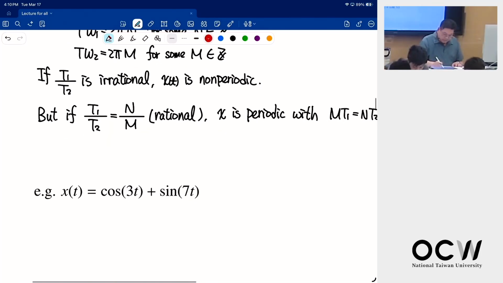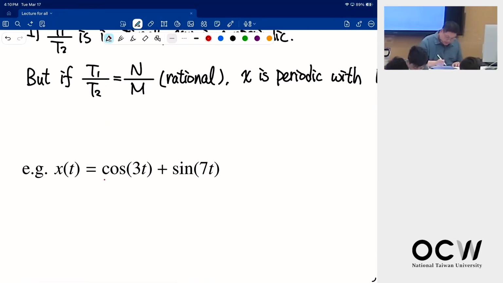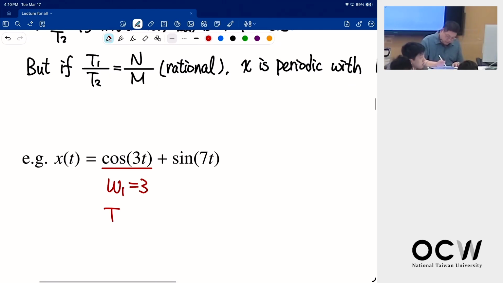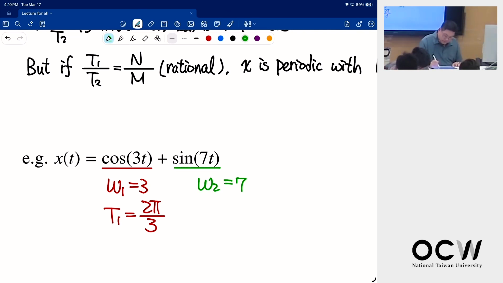First, let's see cosine 3t. That means omega 1 is 3, so the period T1 is 2 pi over 3. Sine 7t, so omega 2 is 7, and then T2 should be 2 pi over 7.